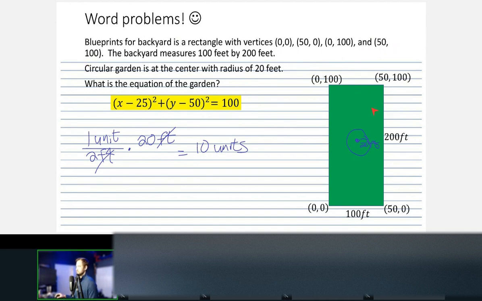And this blueprint on our paper is showing that the distance from here to here is 200 feet, or also known as 100 units. U for units. Because from 0 to 100 is 100 units. And then left to right, 100 feet to units is 50 units.